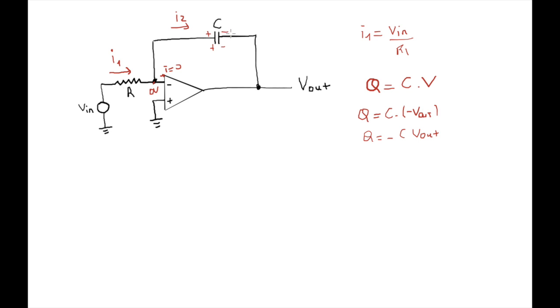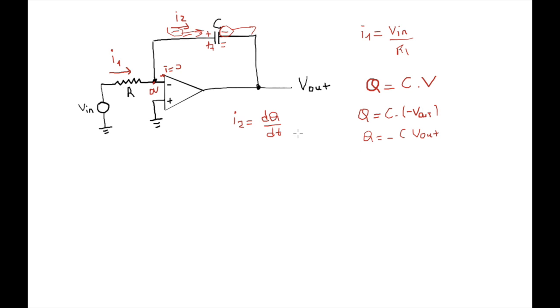Because if current is flowing, it means that the charge is basically moving from the capacitor and into the circuit. So the charge is changing on the capacitor. And this is basically the formula. It can be written as I2 is the time derivative of the charge.